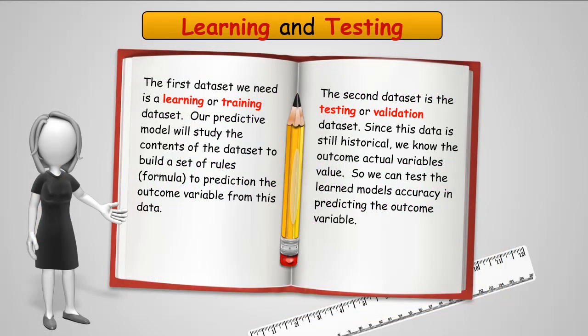The first data set we need is called the learning data set or the training data set. In our predictive model, it's going to study the contents of the training data set, look for patterns and build a formula from it. So in other words, the training data set is a historical file that has the actual answer. For example, let's say we had sales data and we were looking at training data of our sales. We would have an indicator that says, did we win or lose that sale?